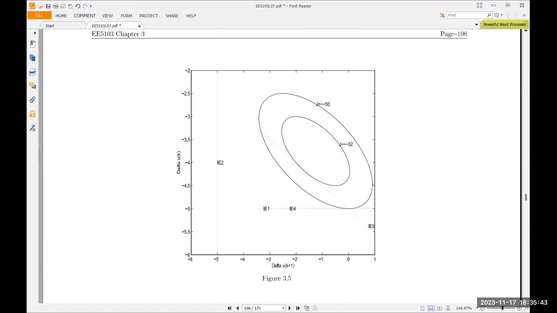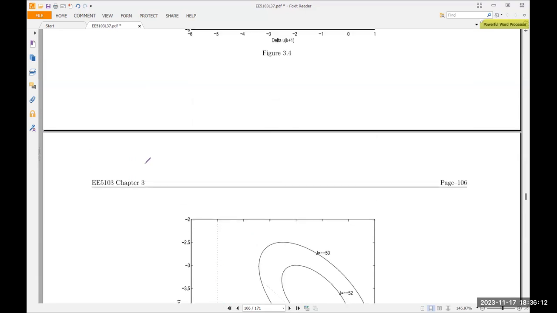Just like before, inequality 1 at minus 5 says that UK must be greater than minus 5. So inequality 1 says this one. Okay, inequality 2 says that UK plus 1 must be greater than minus 5. So it says that it is this one. It is only here.